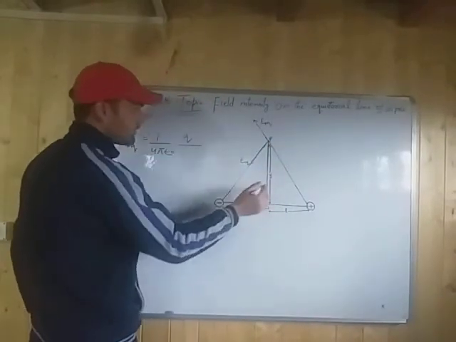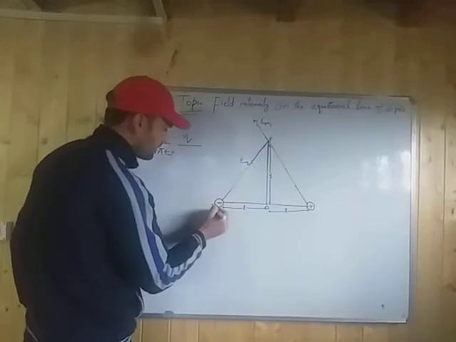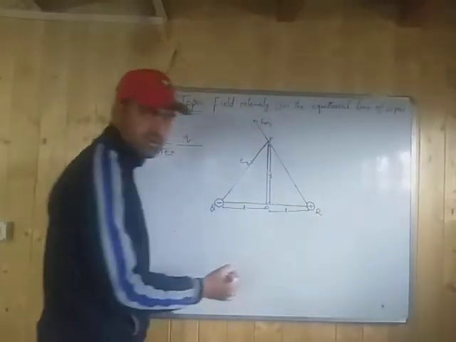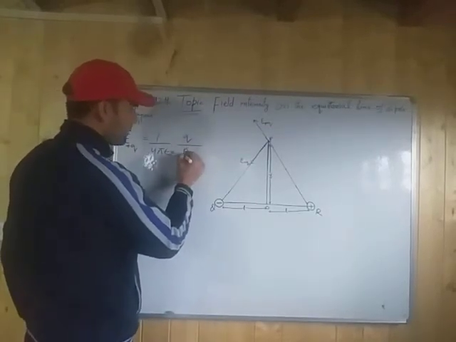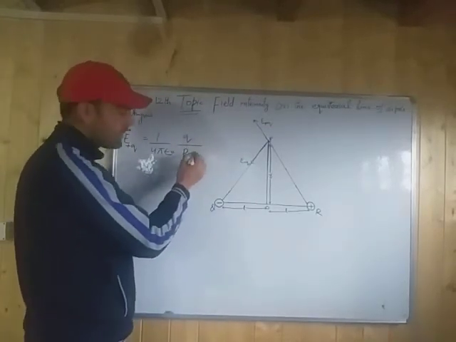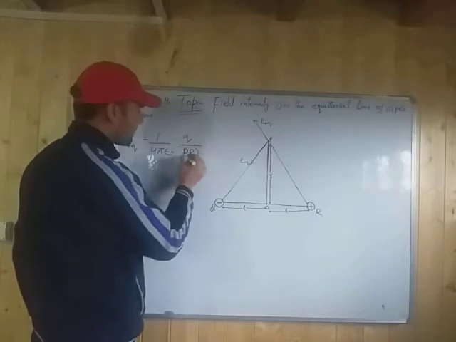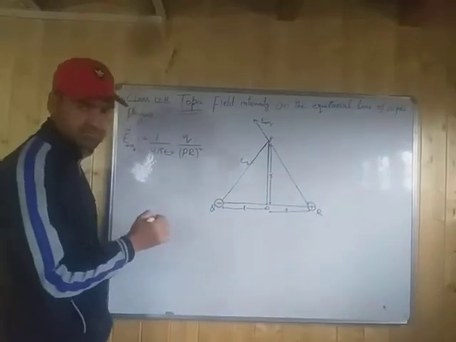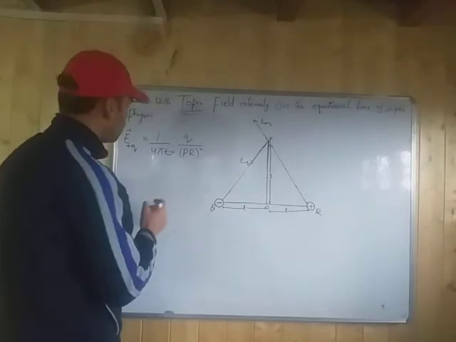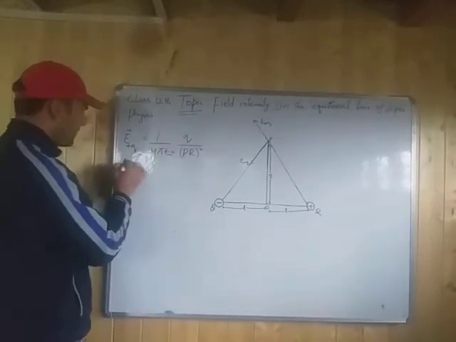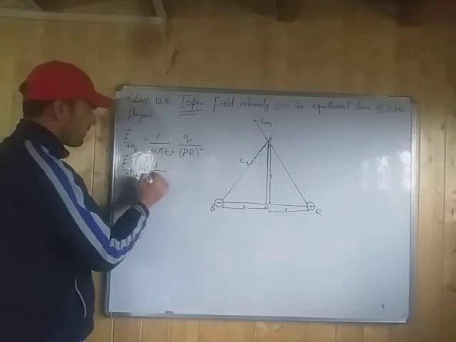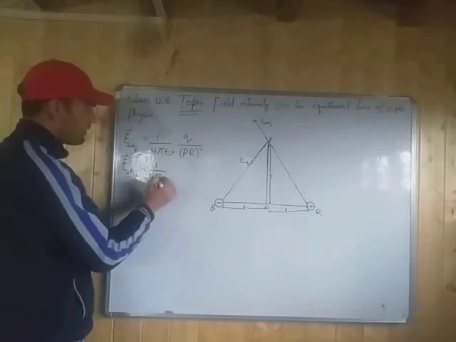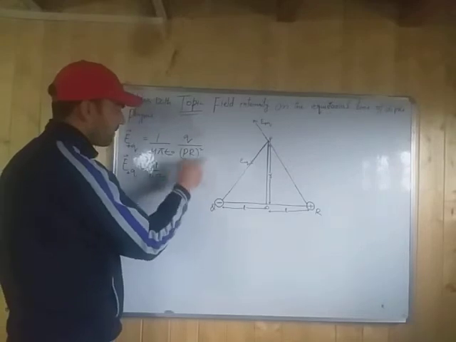If it is P, it will be Q, it will be R. So this is P, this is PR square. So we can write here E plus Q is equal to 1 divided by 4 pi epsilon naught, Q divided by PR square.